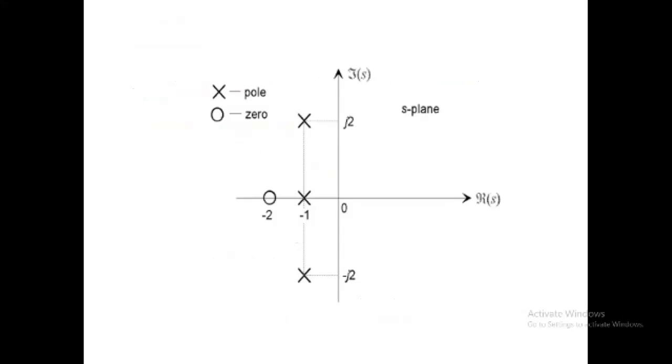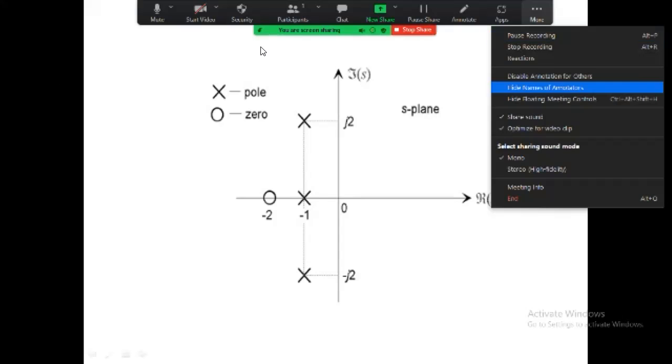Now as per the poles and zeros of the given equation, we can plot the poles and zeros of a transfer function in this way.